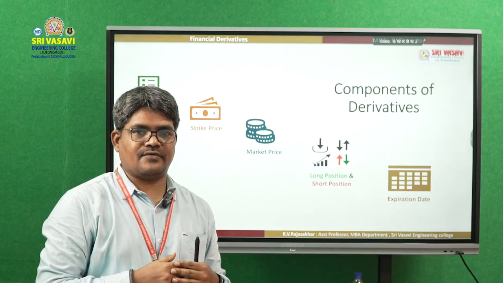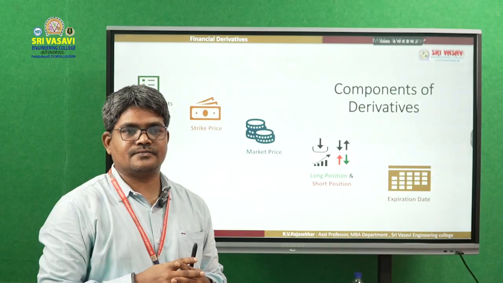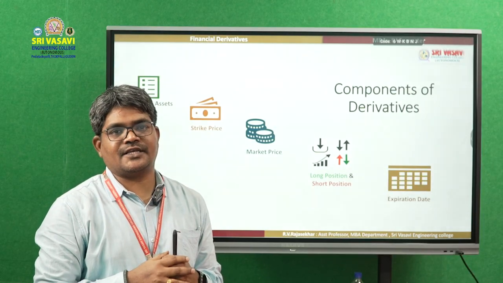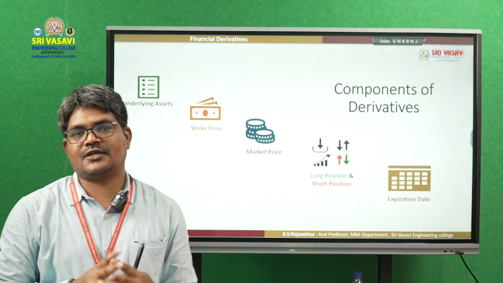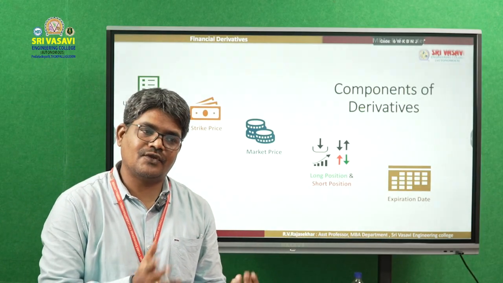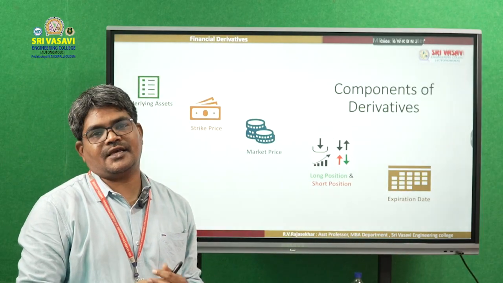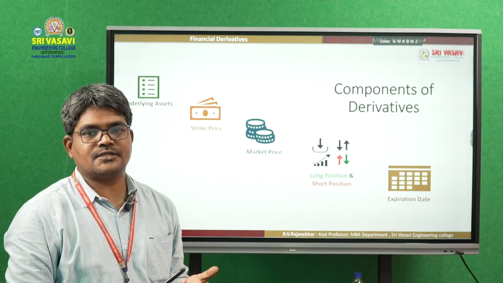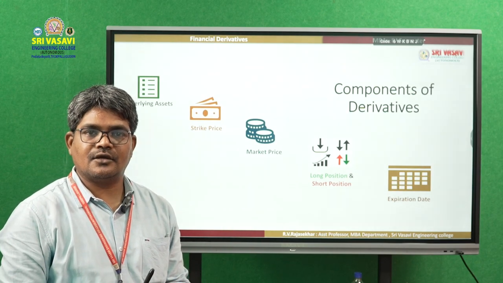Interest rates, financial derivatives. Bonds, financial derivatives. ETFs, financial derivatives. Or forex rates, foreign exchange rates, because forex rates are continuously changing, you can make forex rates derivatives too. What kind? Financial derivatives. But what if you make commodities the underlying asset, like wheat, rice, pulses, vegetables, crude oil, metals like iron, zinc, aluminum?